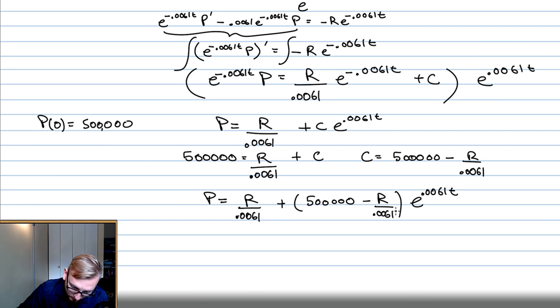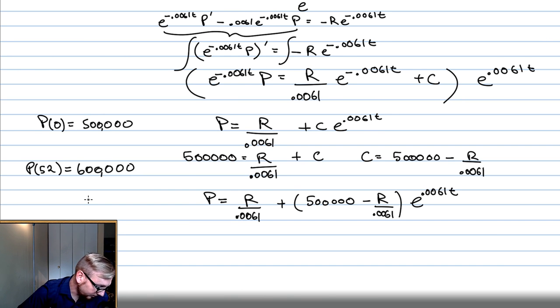Now, we have to find r. So we want to choose r such that p of 52 equals 600,000. Okay.